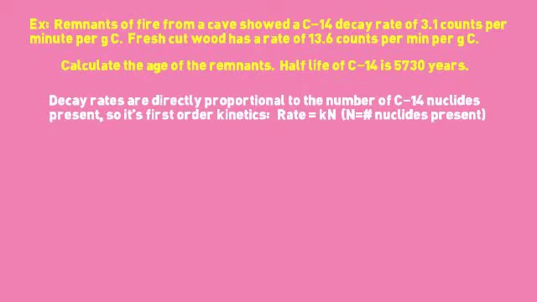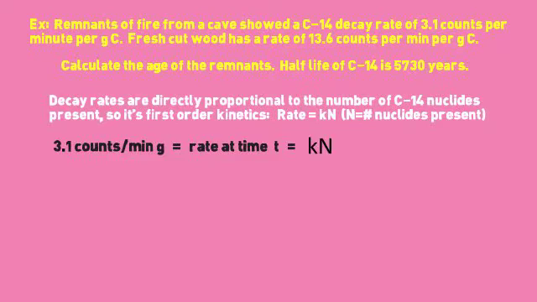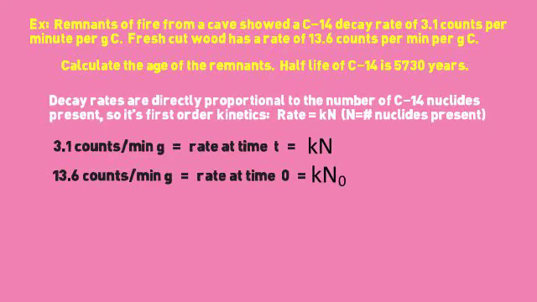So let's take a look at the rate. 3.1 counts per minute per gram equals the rate at time t. That would be kN. And the 13.6 counts per minute per gram is the rate at time 0. So kN0.